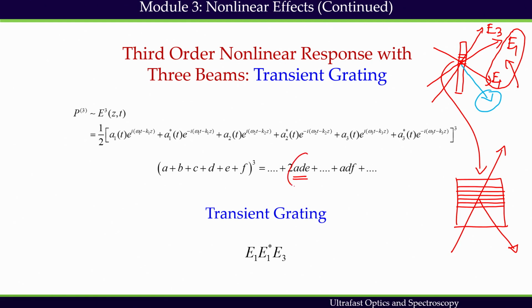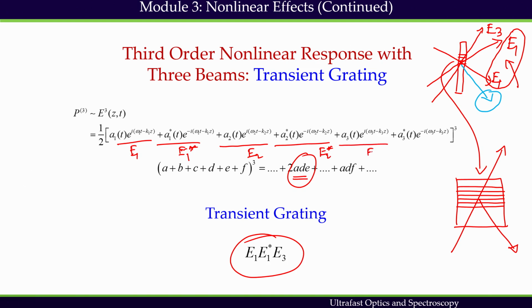So this ADE term, we have to look at this ADE term, and the transient grating which is responsible for this is going to be E1 star E3. So this is your E1, this is E1 star, and this is E2, this is E2 star, and this is E3, and this is E3 star.